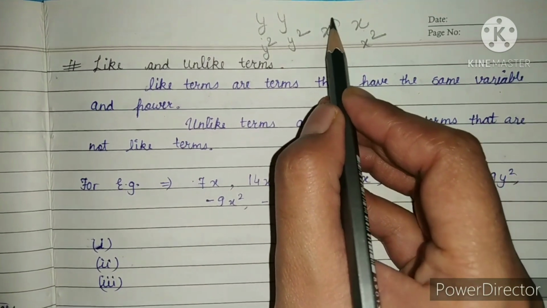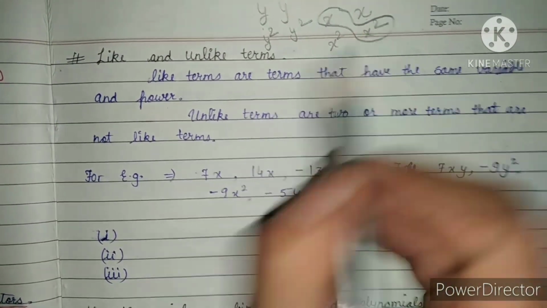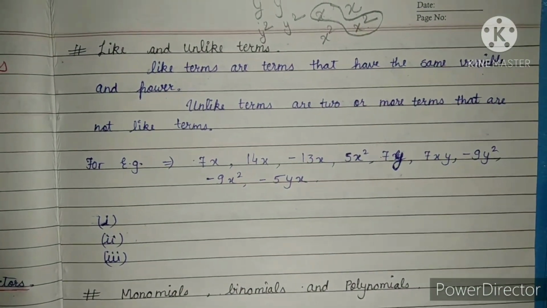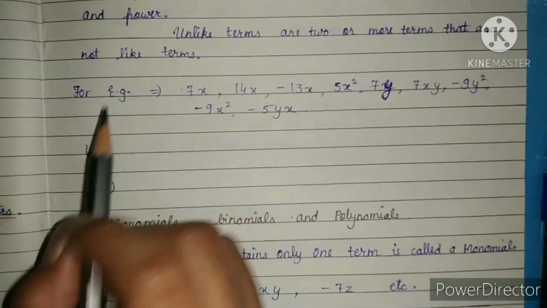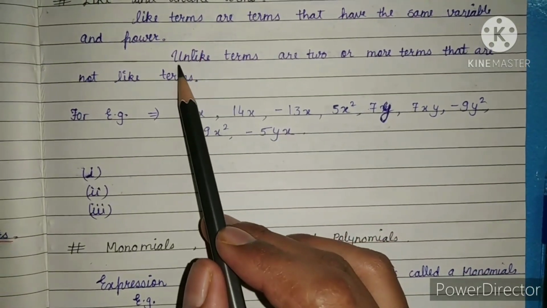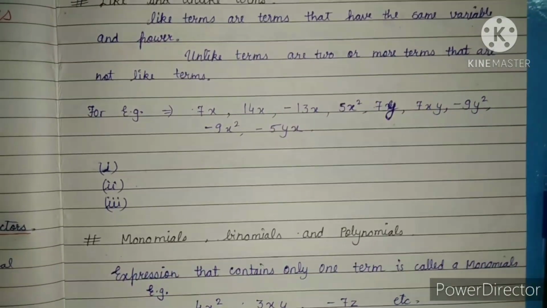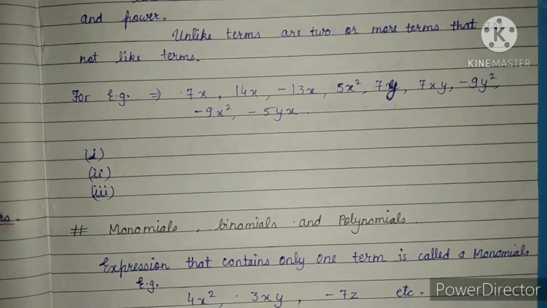But x and x square are unlike because the powers are different. Now, just opposite of like terms, when we see different variables or different powers, they are unlike terms.